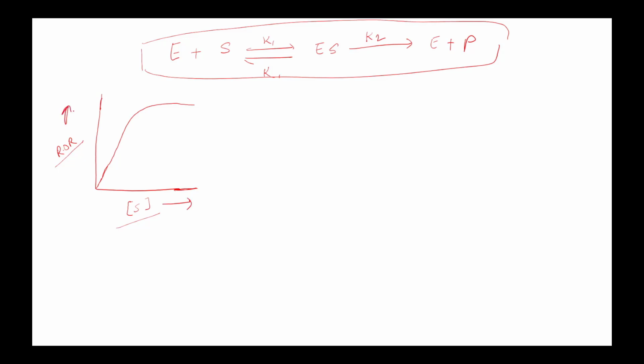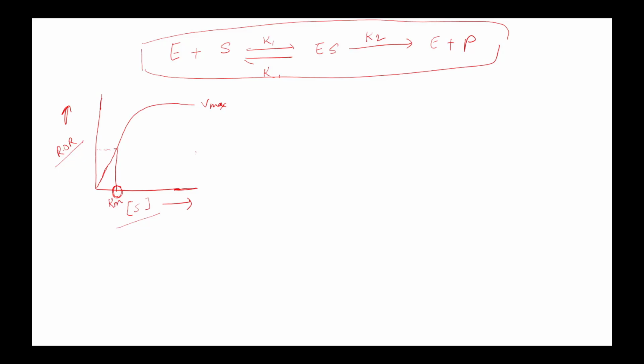If this is the Vmax, and this is half of Vmax, the substrate concentration at half of the maximum is referred to as Km, or the Michaelis-Menten constant.